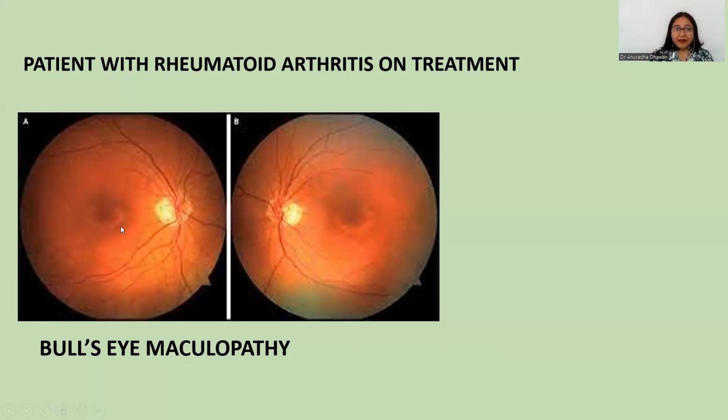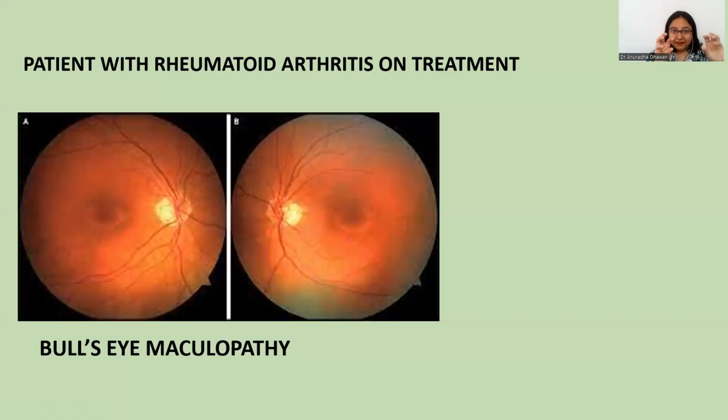You see right in the center, the central area is dark, then there is a lighter area, then another darker area, like the concentric rings of a bullseye: the light, the dark, the light, the dark. That is why this appearance of the macula is called bullseye maculopathy.